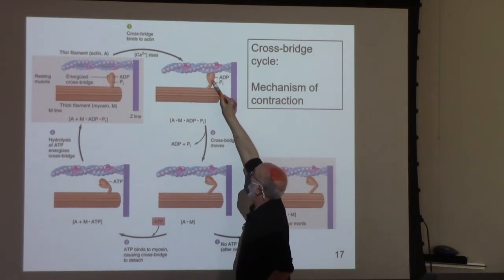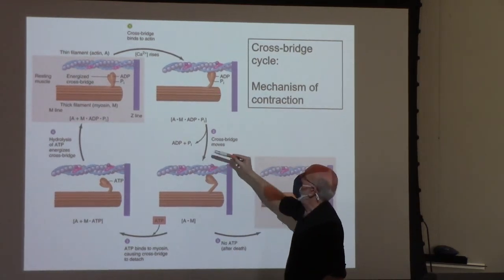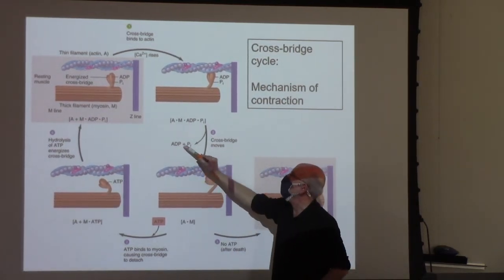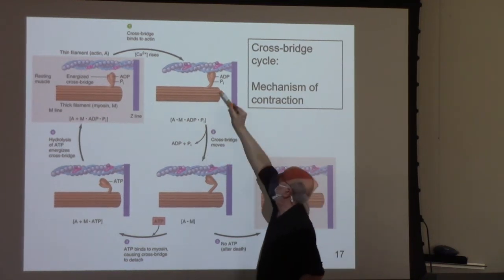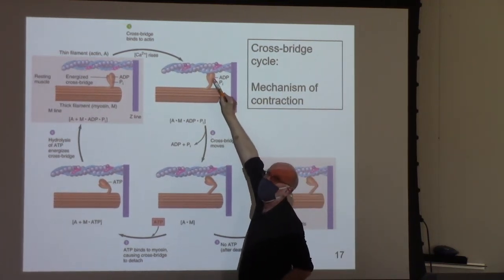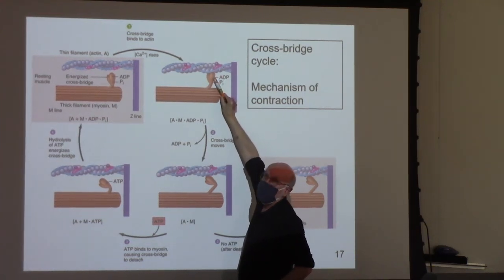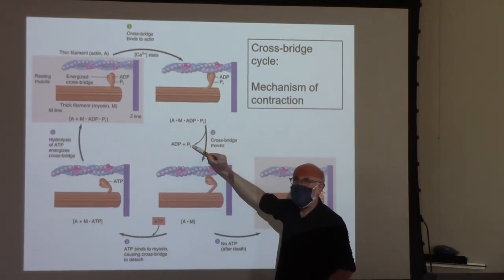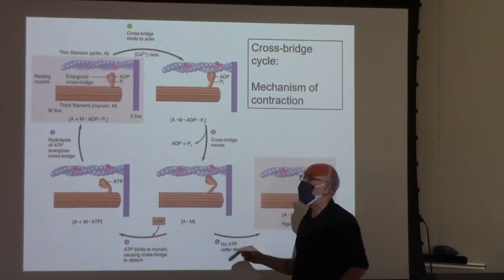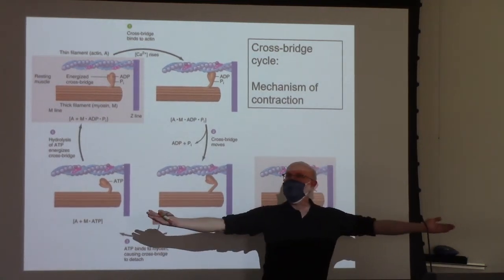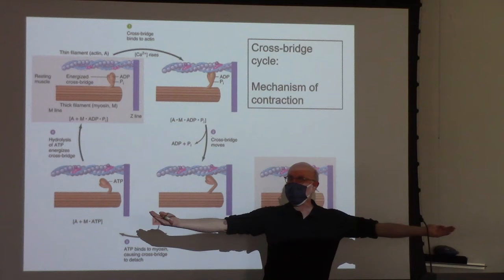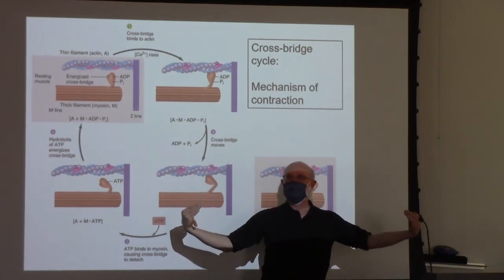This binding causes the ADP and phosphate that were bound to myosin, and you'll see where that comes from in a minute when we finish the cycle, to unbind, and that causes a conformational change from the extended myosin conformation to the flexed myosin conformation.